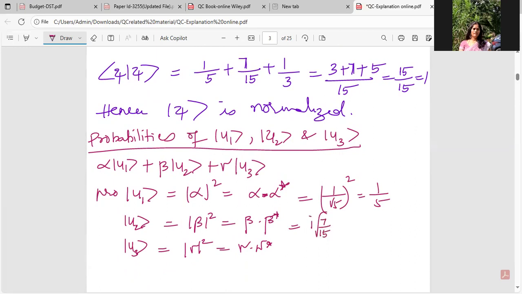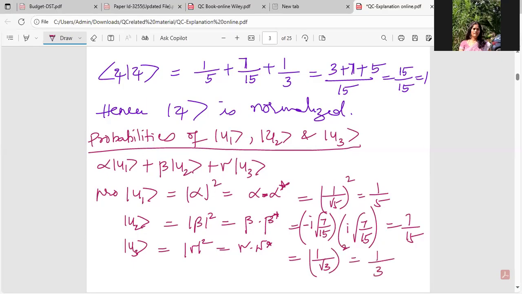I have a plus i in the ket and a minus i in the conjugate, so its conjugate would be minus i root 7 by 15, and the product is 7 by 15. And then gamma is 1 by root 3, so 1 by root 3 whole squared is a real number, 1 by 3.